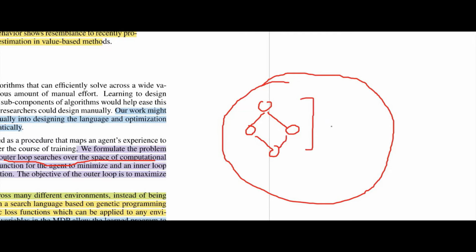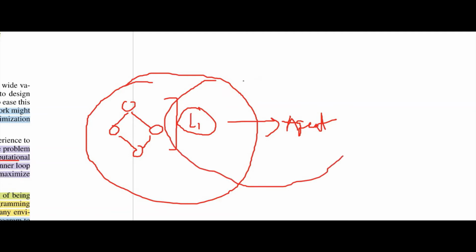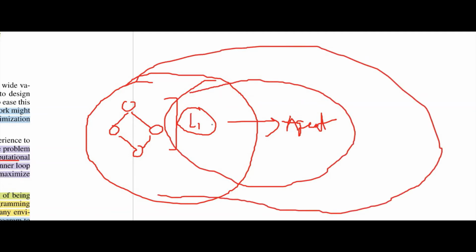So this is sort of a loss function L1. Now in the inner loop, what you will do is take this L1 and then train an agent using this, right? So this is your inner loop, and let's make the outer loop even bigger.